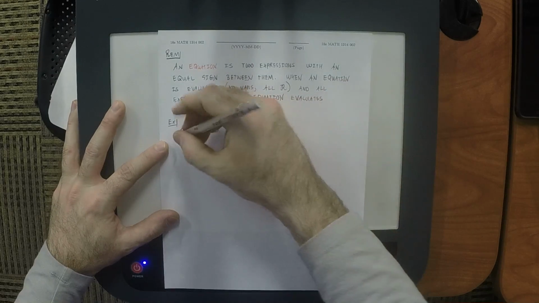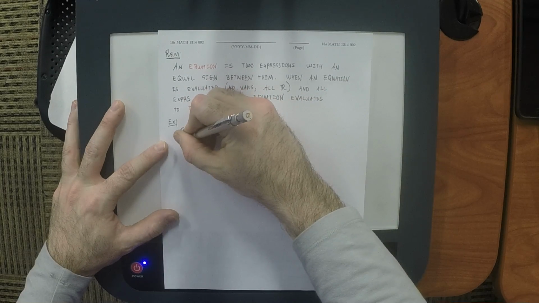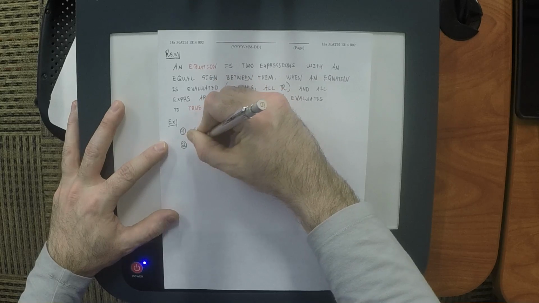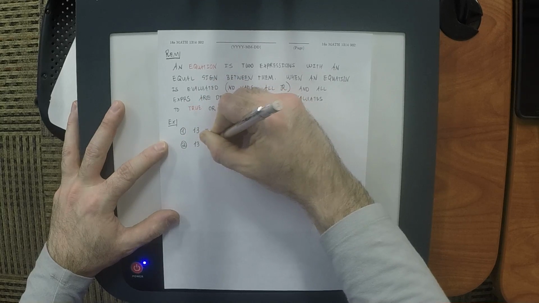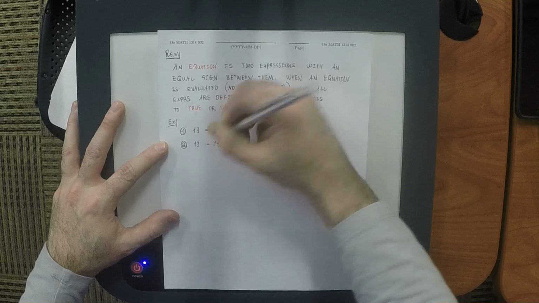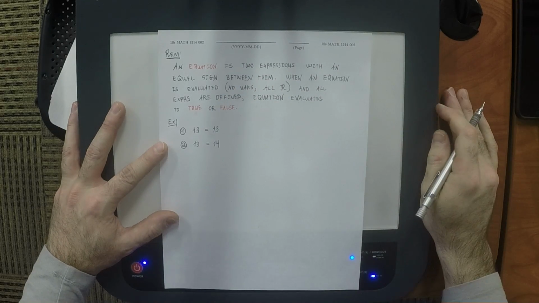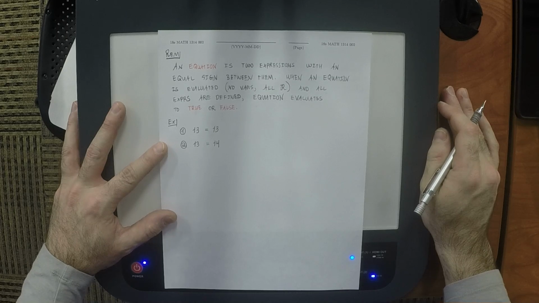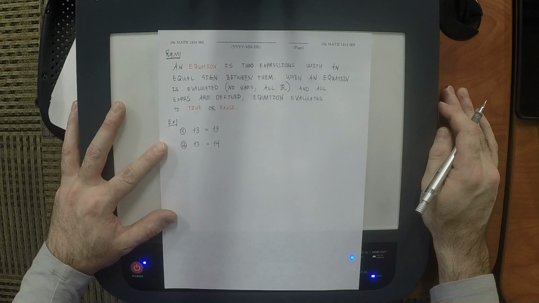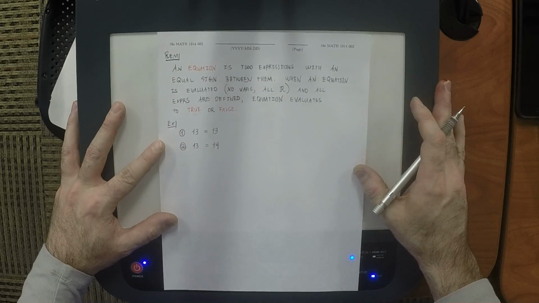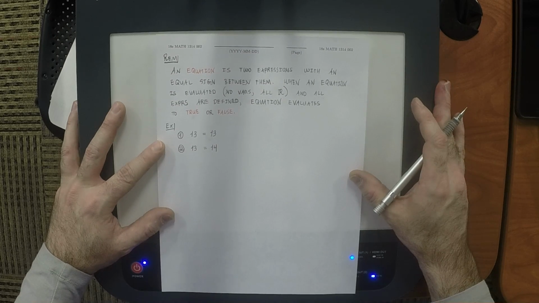Yes. How about 13 equals 14? Is that an equation? Yes. Now, I think some of you are probably offended that I've even written this, right? I can't believe that this is occurring. Is it an equation? It is.